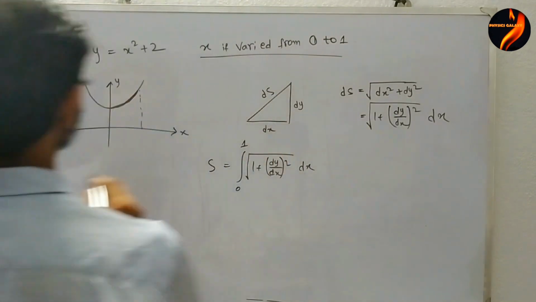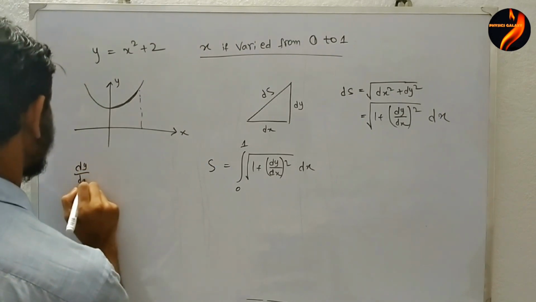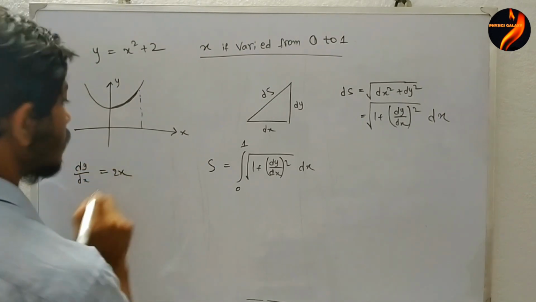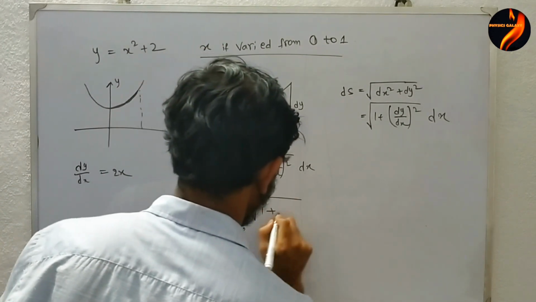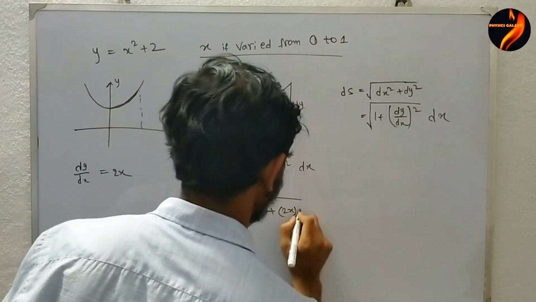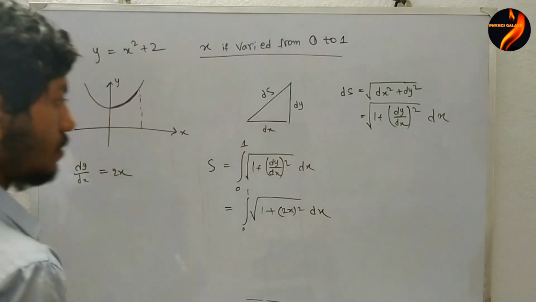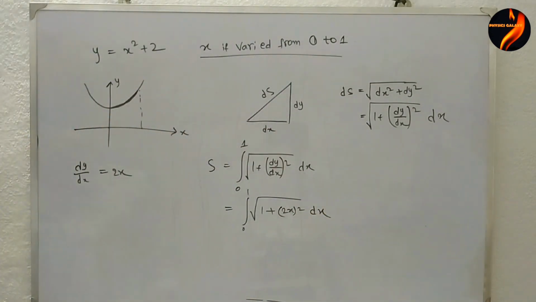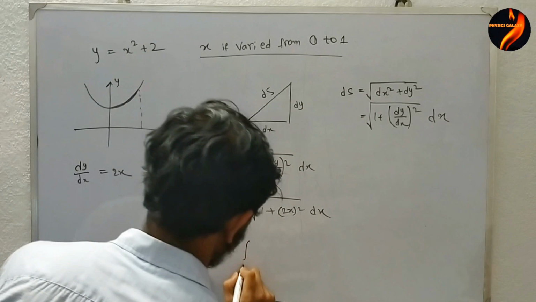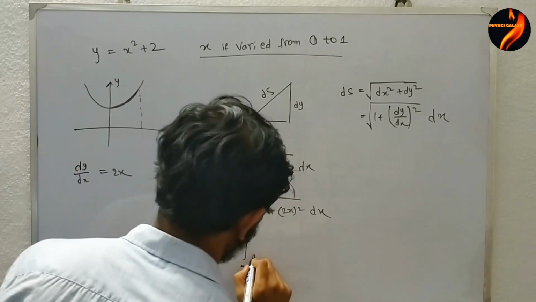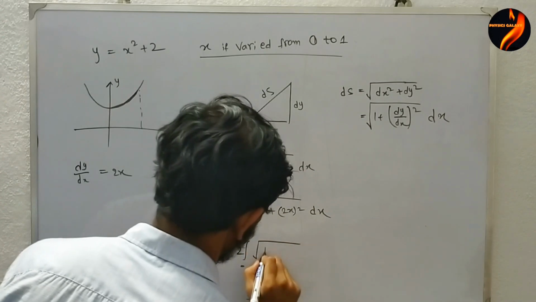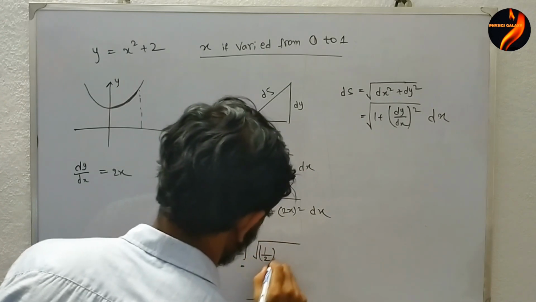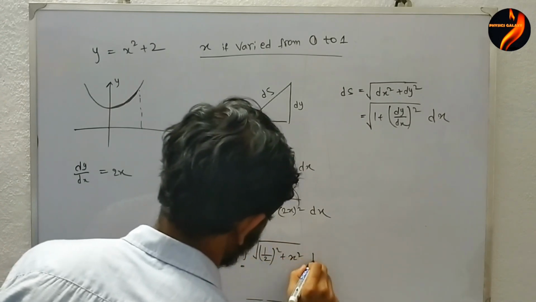Now dy/dx equal to 2x, so put this value here, we get root over 1 plus 2x whole square dx. Now 0 to 1, to 1 by 2 square plus x square.